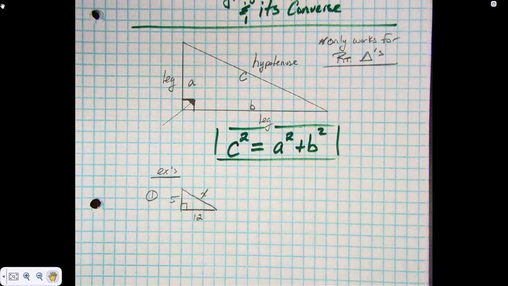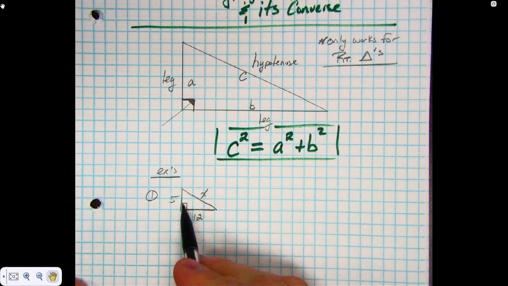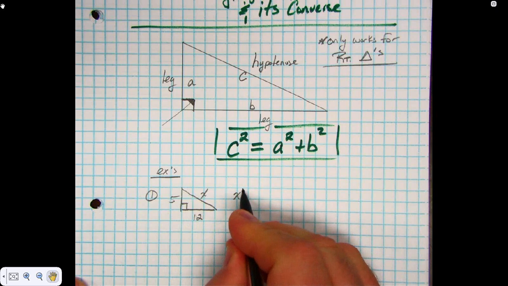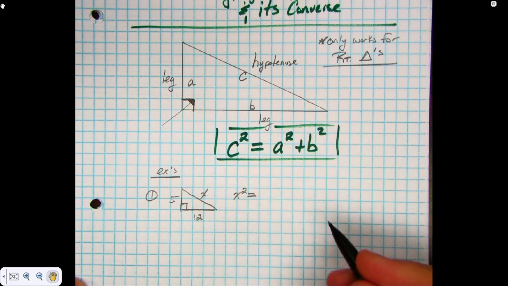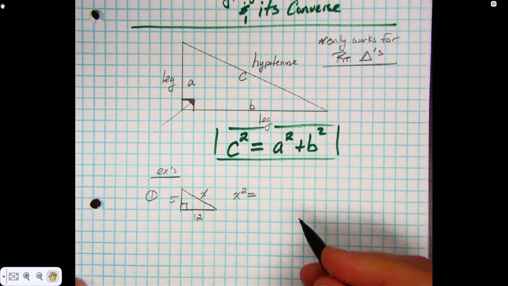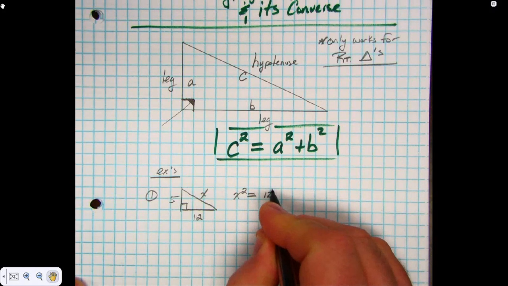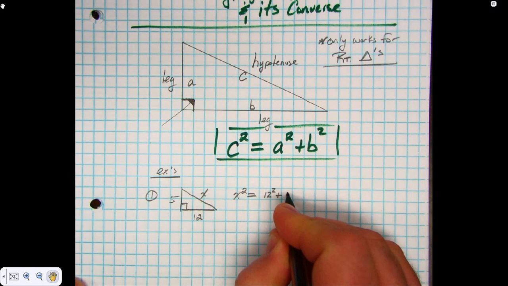The Pythagorean theorem. What's the first thing I need to find? The hypotenuse. What is the hypotenuse? Well, this thing's pointing at it, isn't it? It's x. So I would say x squared equals. Well, what goes on the other side? What's left? I heard 12 squared plus what?